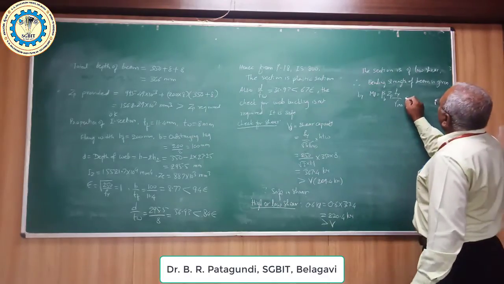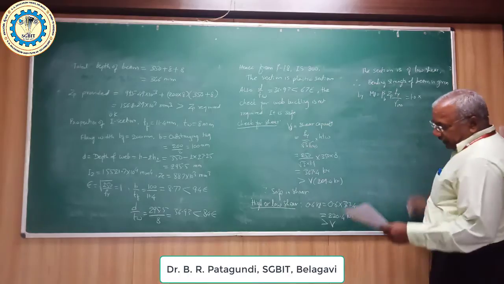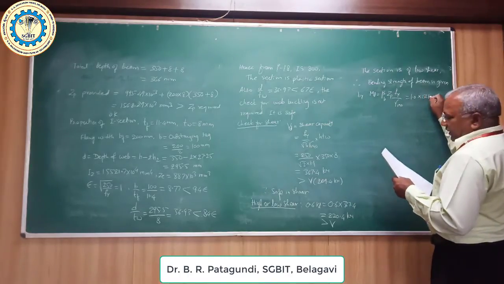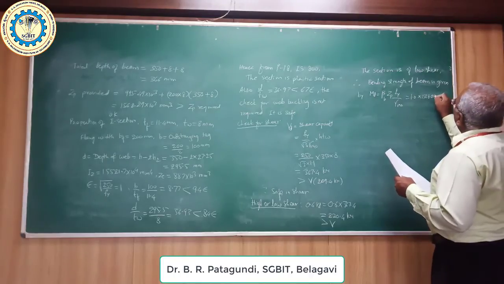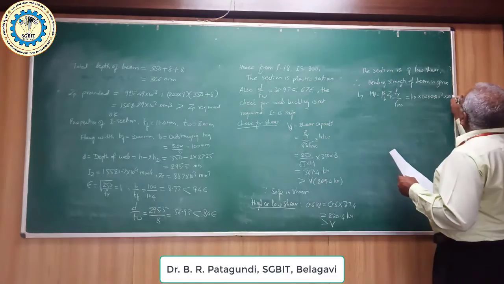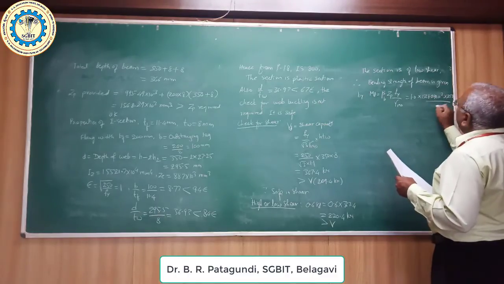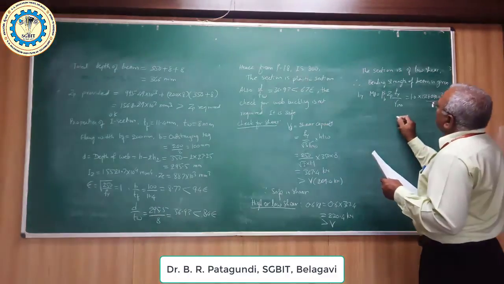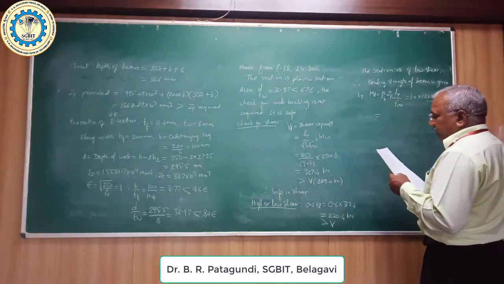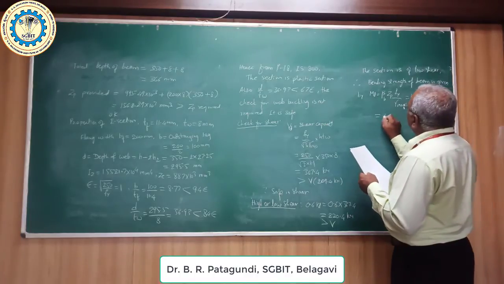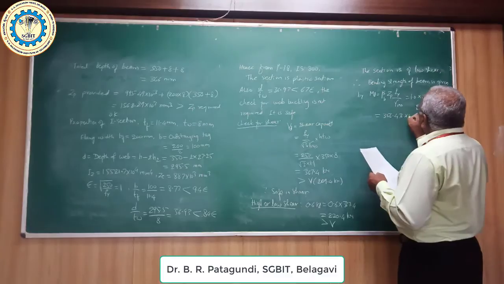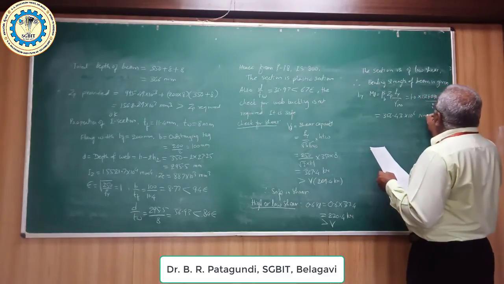So it is equal to beta B is equal to 1, ZP provided for the section is 1568.29 into 10 power 3 into 250 divided by 1.1, or this is equal to 356.43 into 10 power 6 Newton mm.